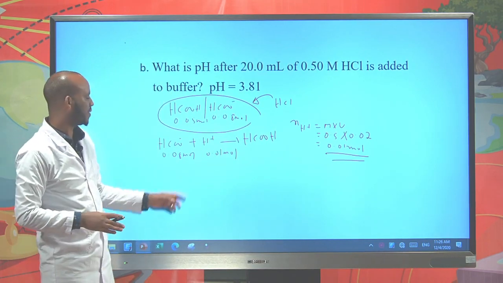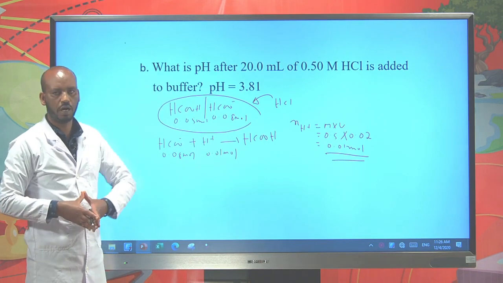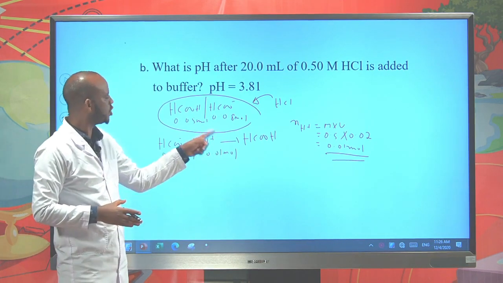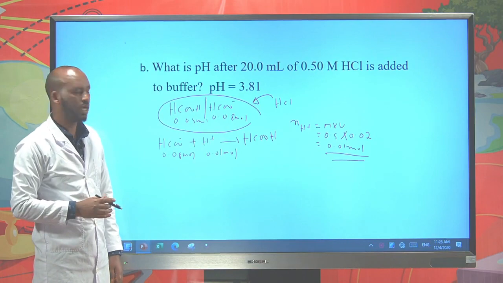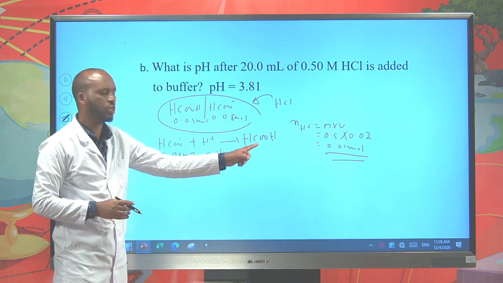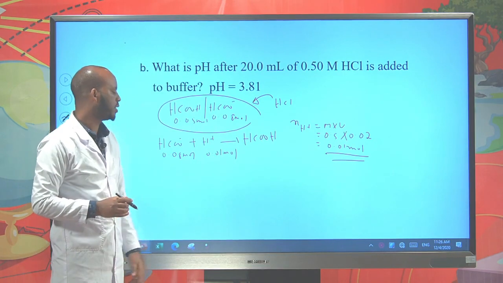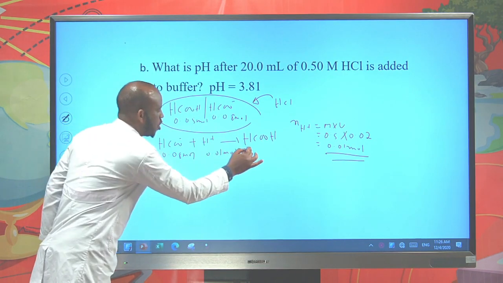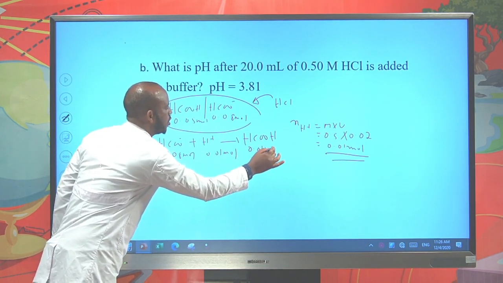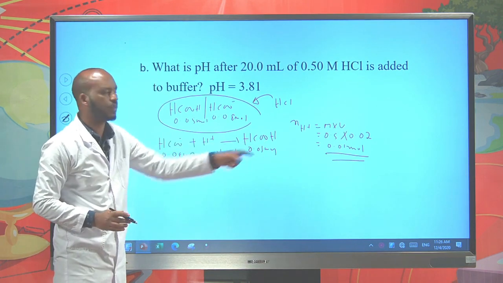Now H+ is the limiting reactant because it is found in small amounts. Amount of product is determined by the limiting reactant. From this reaction, 0.01 mole of formic acid is formed.